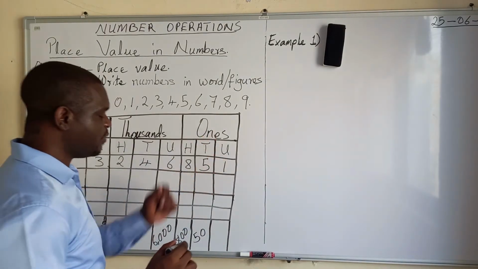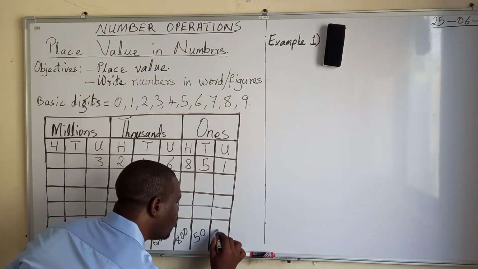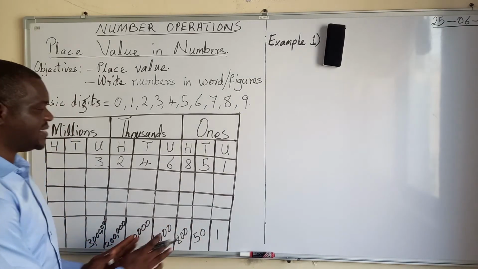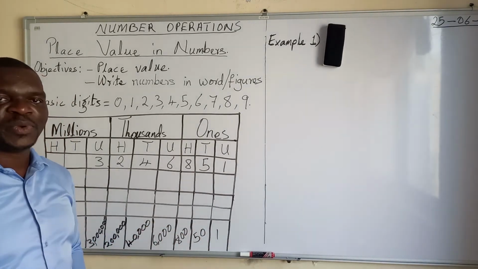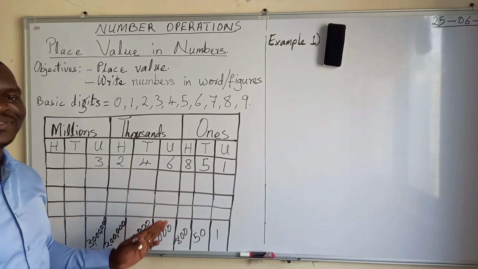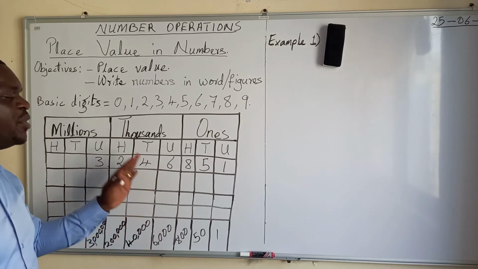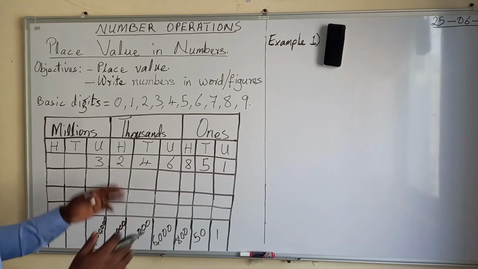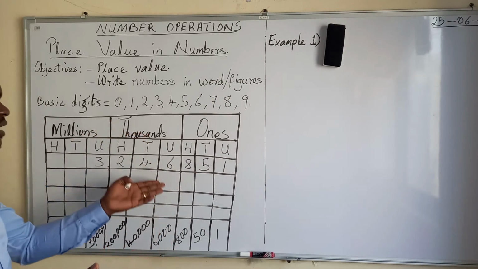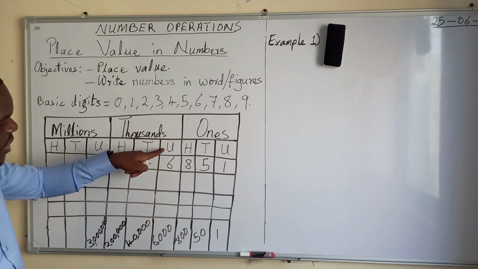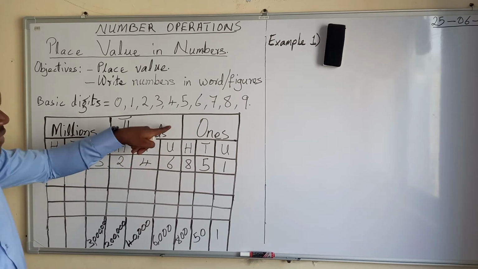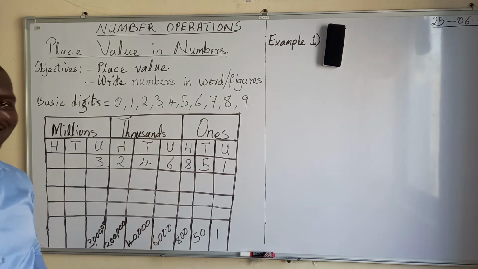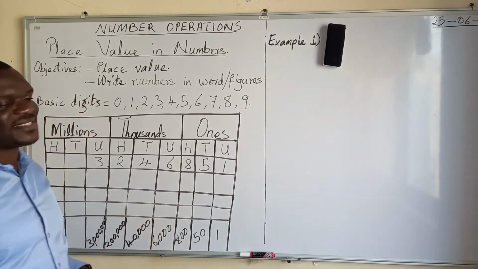And the place value of 1 is simply 1. This is the simplest and the best possible way in which you can identify the place value of any digit in a number. If you were to be asked at random, what's the place value of 6? You just get it here and here, 6,000. And that is it. That's the place value of 6.